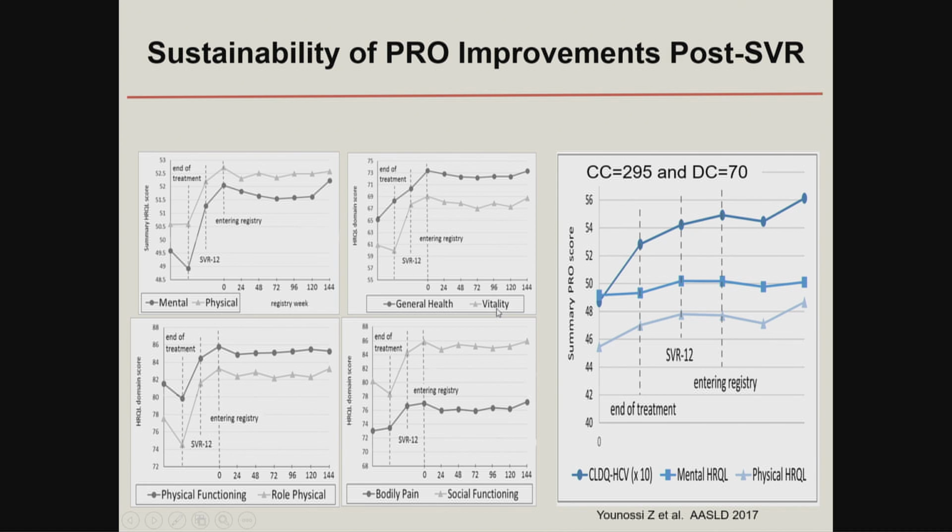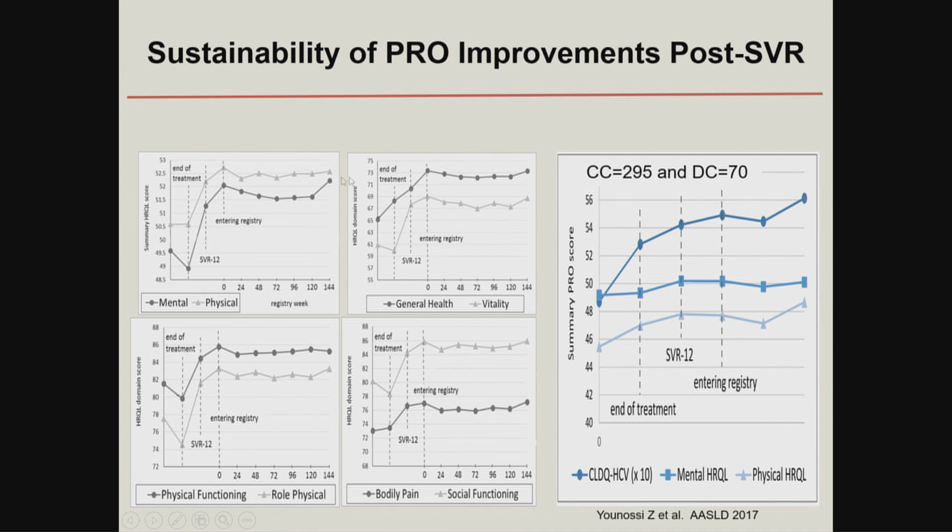Of course, one issue has been the sustainability of the PROs that you see after SVR. This is a registry, and as you can see, with multiple different domains, followed up to 144 weeks of follow-up, after entering into the registry, there is improvement.